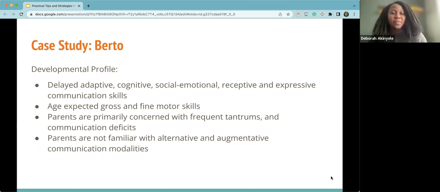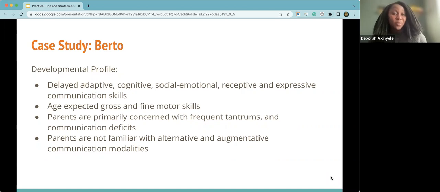And really one of the most important aspects of the assessment process is recognizing where parents and caregivers and teachers are, and their level of understanding and buy-in to the whole process, because that does directly impact how likely they are to use the device and promote use of the device throughout the day.